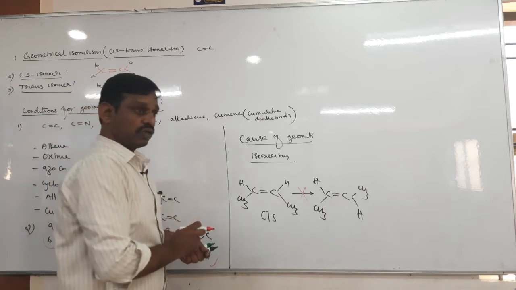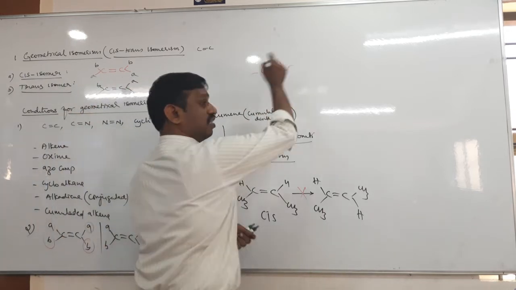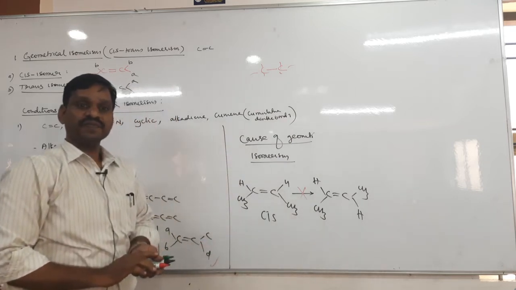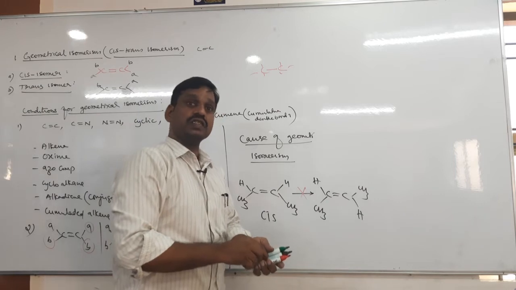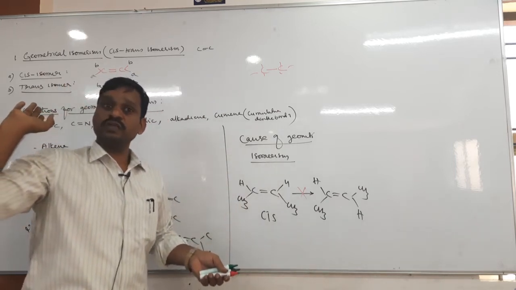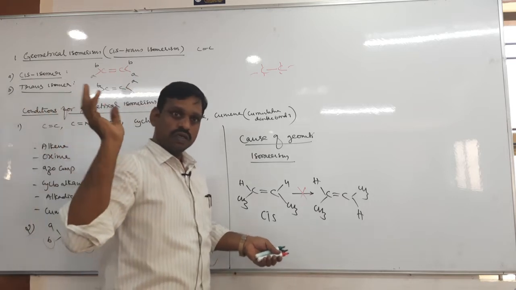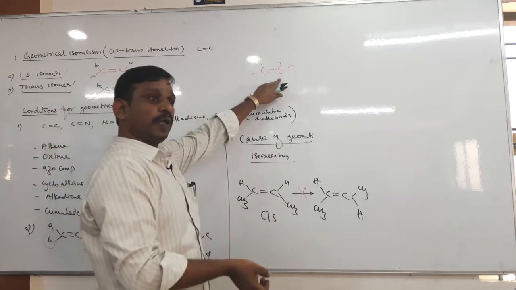Then you may have a doubt: is carbon-carbon single bond rotation possible? This is possible. The rotation about the carbon-carbon single bond is possible. That's what gives us conformational isomerism, no? We will study conformational isomerism based on this only.